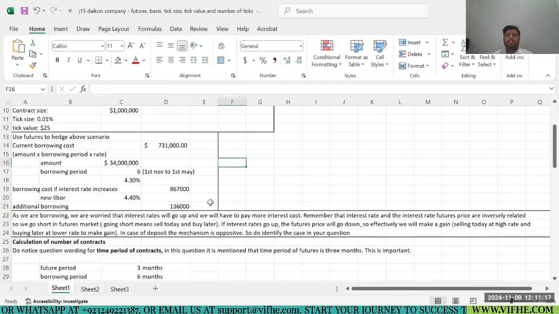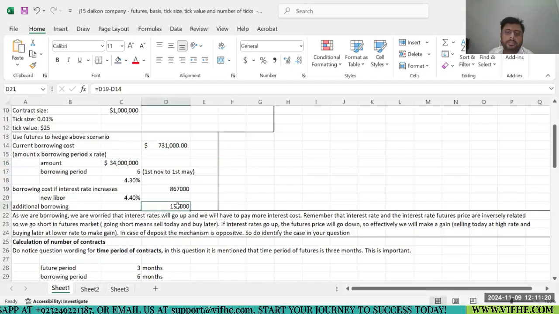Okay, why are we calculating the additional borrowing cost? It is because in the question it was stated that you have to show the hedging instruments and let us know how hedging will help to counter this additional borrowing cost. It was mentioned in the question.